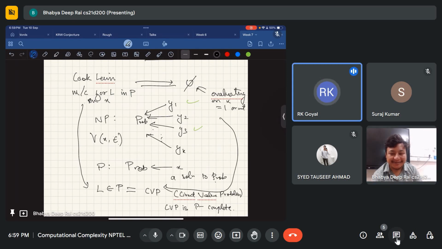I have a question out of curiosity, and it has nothing to do with this. Do we have a complexity class having V of x comma x? Like here you have written V of x comma epsilon is a P class, wherein we do not require any certificate, and the verifier itself can solve the problem in polynomial time.